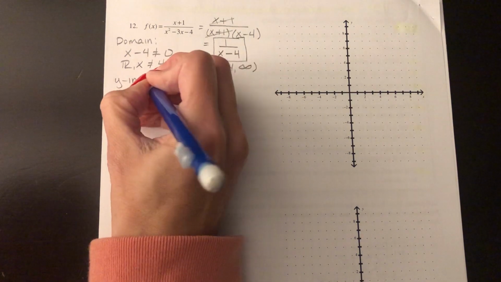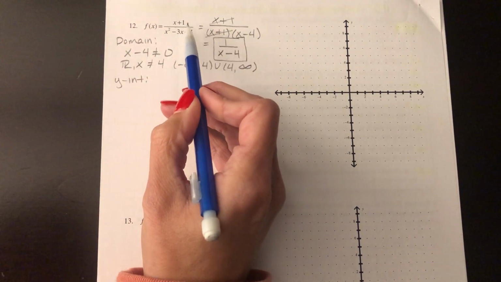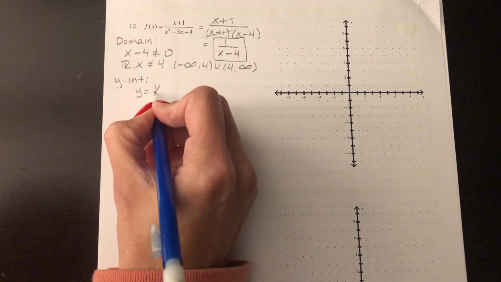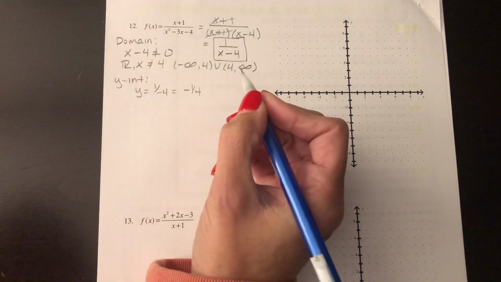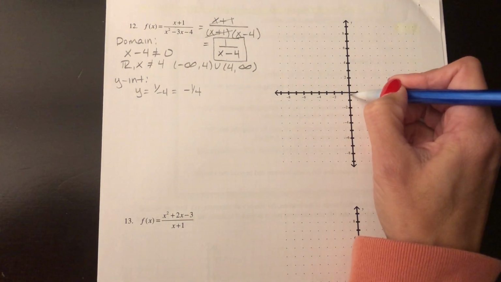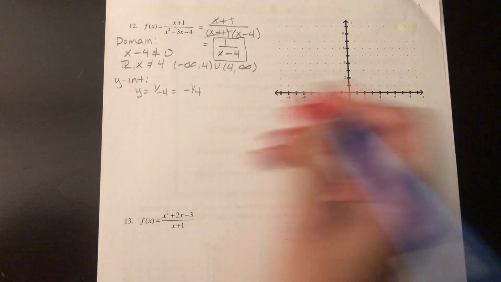So we're going to plug in 0 for x and simplify, so that ends up being 1 over negative 4, or simply negative 1/4. About right here. Plot that.